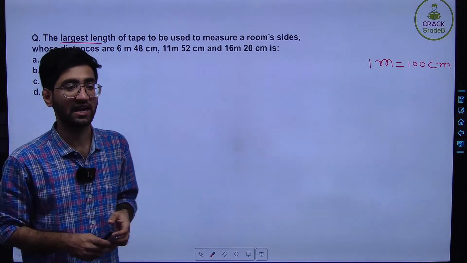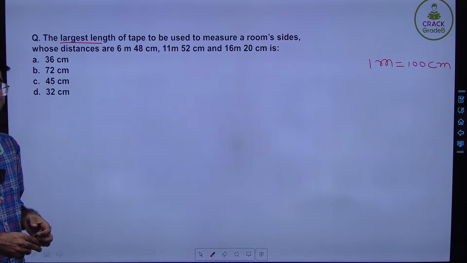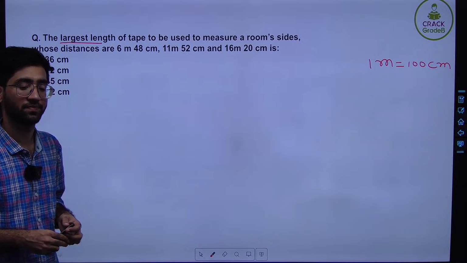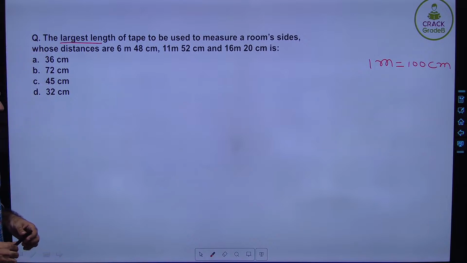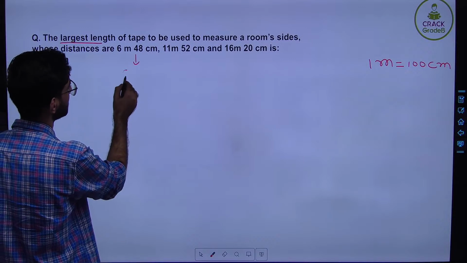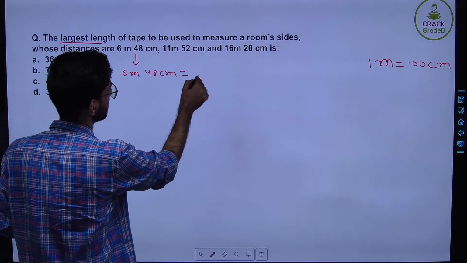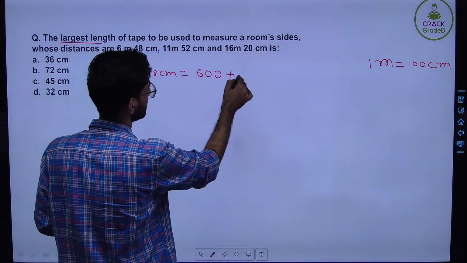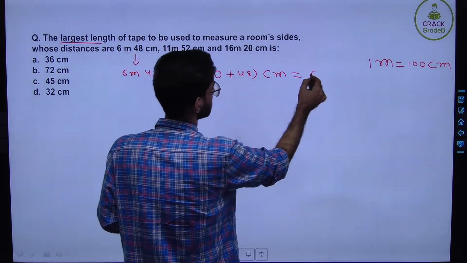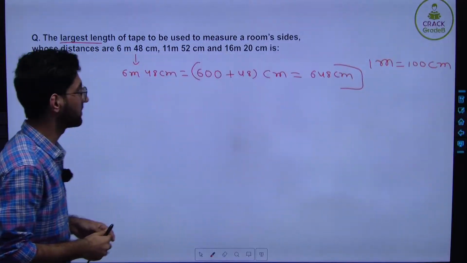The numbers are slightly lengthier. That's why you will have to put in effort for 1 to 2 minutes to find the answer. If you convert these values into centimeter, 6 meter and 48 centimeter: 6 meter is equal to 600 centimeter, plus 48 centimeter, so this is equal to 648 centimeter, right?